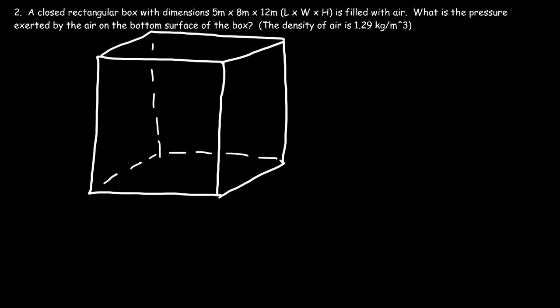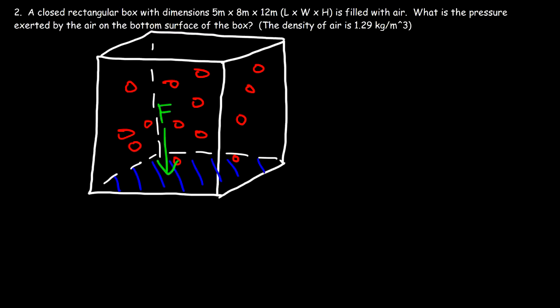So let's say that's the box, and it's filled with air molecules. So the pressure exerted on, let's say, the bottom surface of the box is due to the weight force of those air molecules divided by the area of the bottom surface.